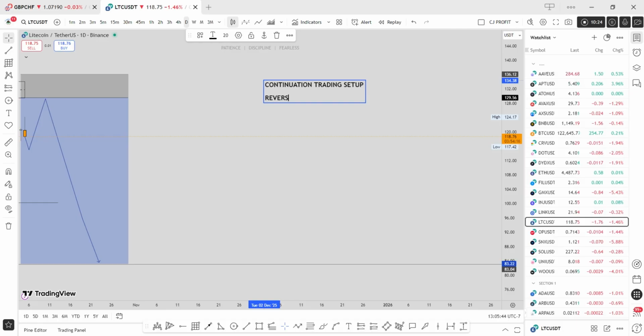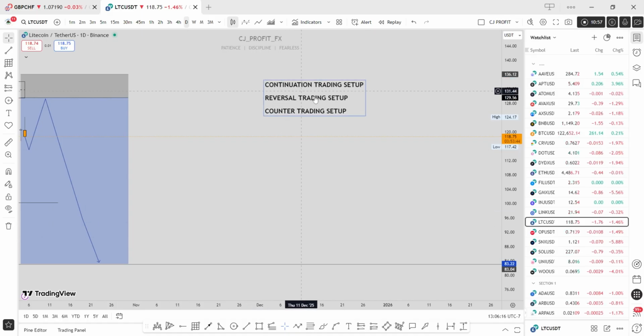So I'm typing reversal trading setup, and also we'll have counter trading setup. These are the three types of setup we have.